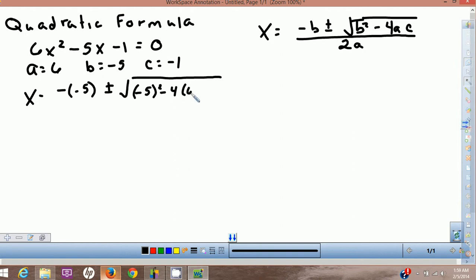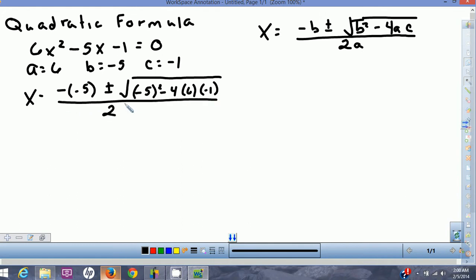All over 2 times 6, 2 times a for our quadratic. So the quadratic formula, x equals opposite b plus or minus the square root of b squared minus 4ac divided by 2a.